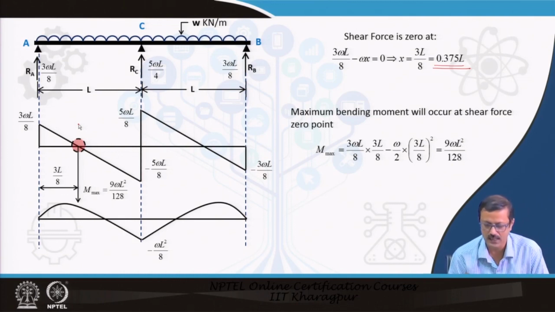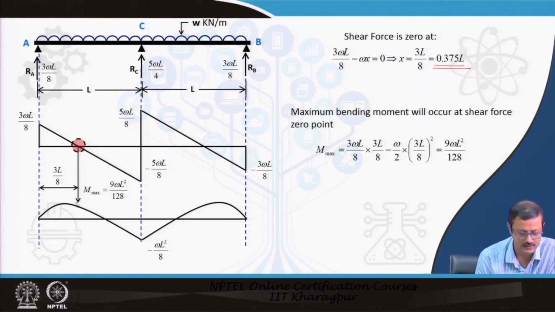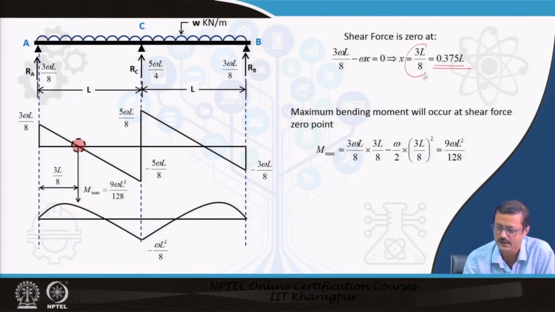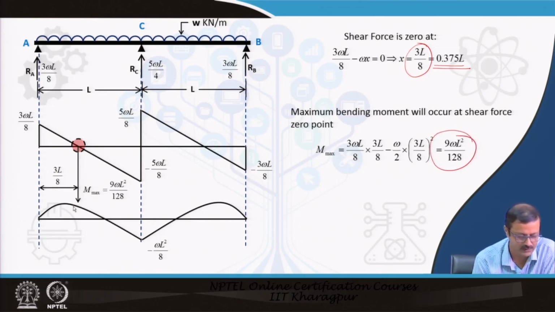So, we can see that the bending moment will be highest at this particular 3L by 8 point. So, I put 3L by 8 as the x in this Mx equation and find out that the maximum bending moment is equal to this much.